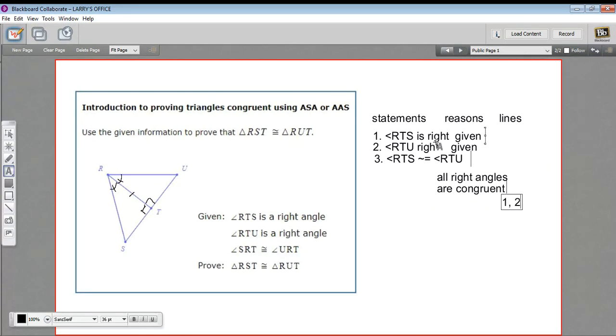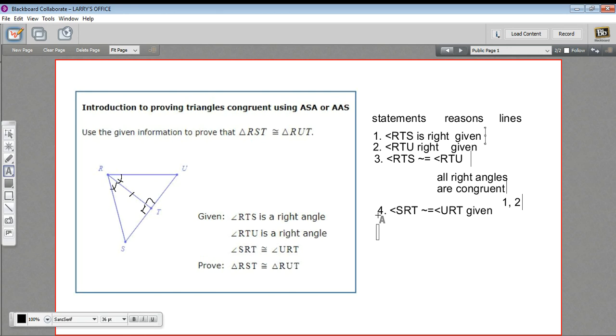We need the information that both of these angles are right from lines 1 and 2. Okay, so we've established that one of the angles is congruent. Let's go ahead and establish that the other angle is congruent, and that's easy because that's part of the given information. So we'll say angle SRT is congruent to angle URT, and that's given.